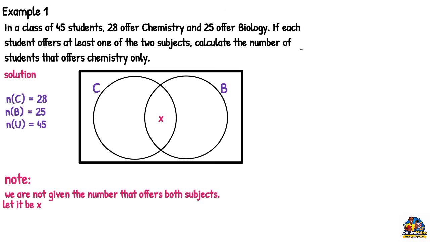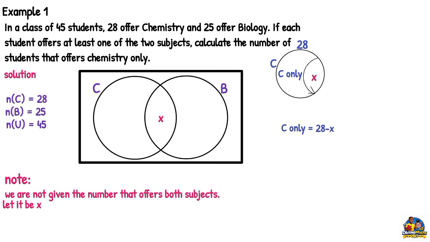Now the next thing is to find C only. Look at the circle of C. You will notice that part of B has entered C, which is x. Now the whole C is 28, so to get C only, you have to remove x from 28. That is 28 minus x.